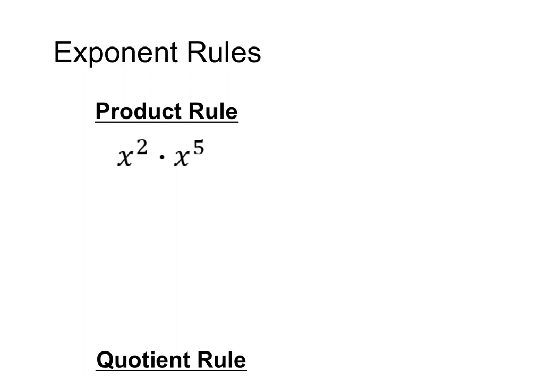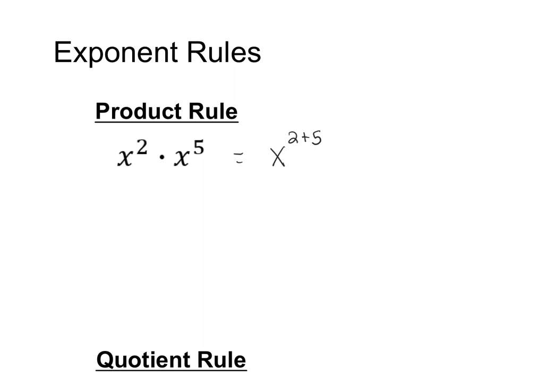So the first one, the product rule. What do we do when we multiply two of the same bases together with exponents? Mathematically, if we have x to the second times x to the fifth, they have the same base of x. This is going to be equivalent to x to the 2 plus 5.